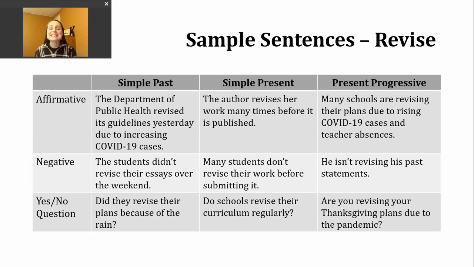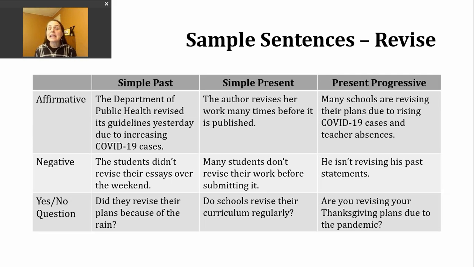The students didn't revise their essays over the weekend. So here, again, we've got this time reference, time signal, this past weekend, and then our negative action. They did not revise. You're seeing the contraction form there, which is common from native speakers.